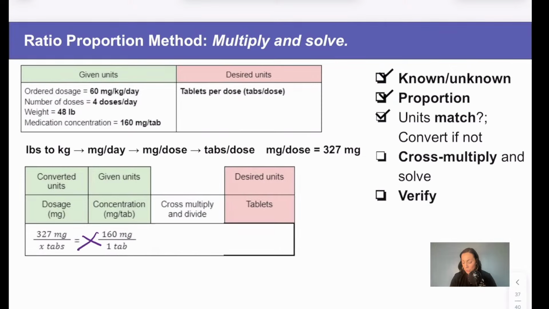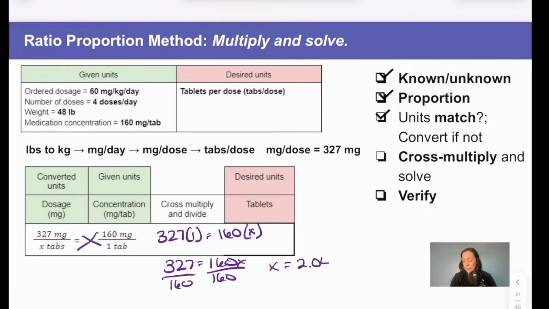So you're going to take your 327 times 1 and then 160x. And then, of course, we have to divide by 160. And so what do you get here? We're going to divide to get x alone. So x equals, and you're probably getting that same 2.04, I think it was.